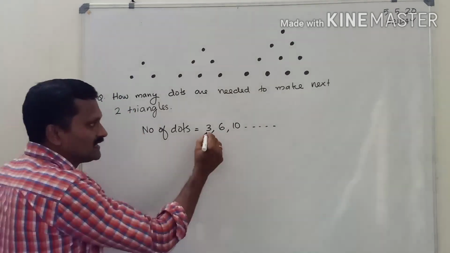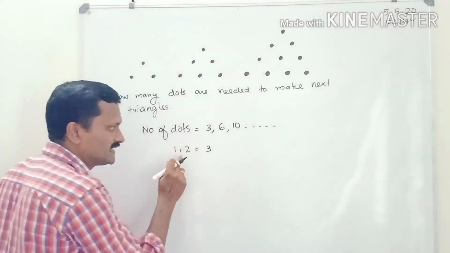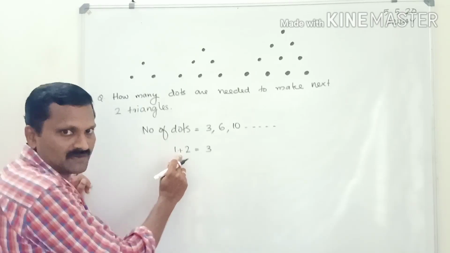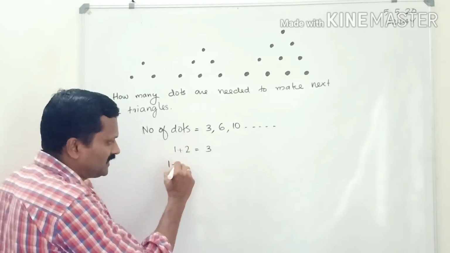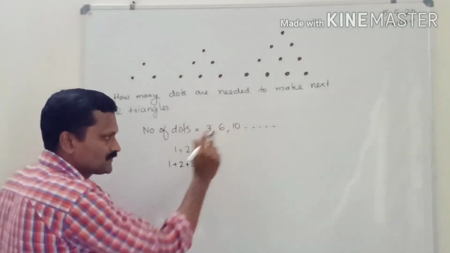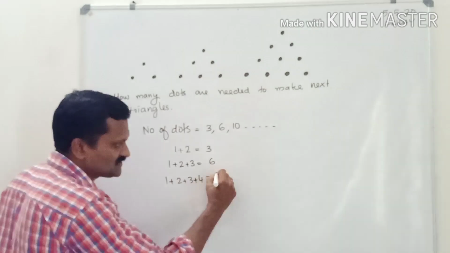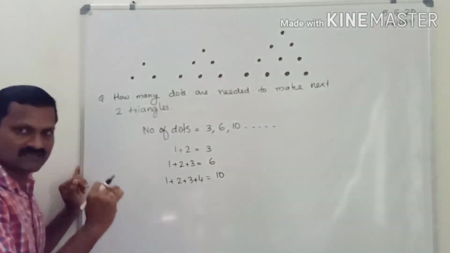In this, 3 can be expressed as 1 plus 2, that is the sum of the first two natural numbers. 6 can be written as the sum of the first three natural numbers. 10 can be written as the sum of the first four natural numbers.